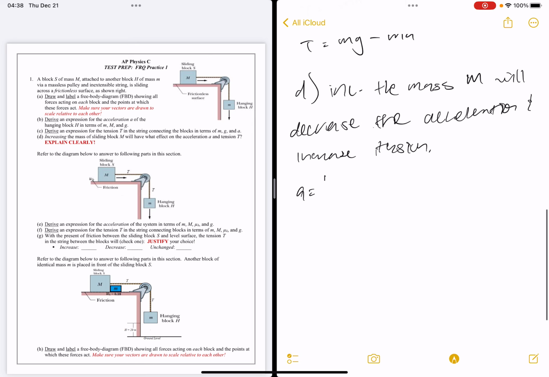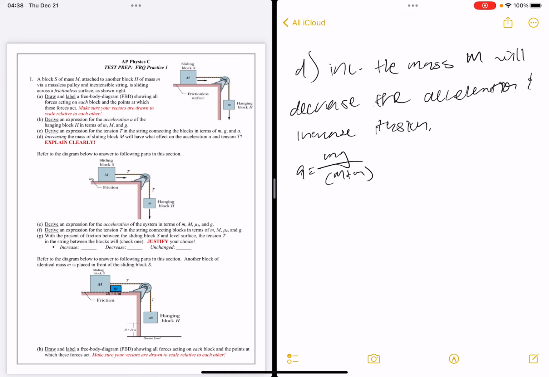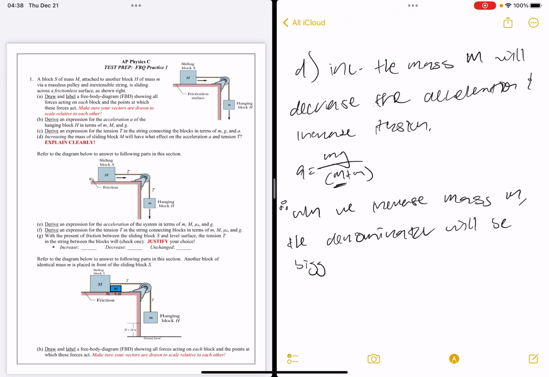So A equals mg over big M plus small m. Using this one, we see that when we increase the big M on the bottom, the denominator will be bigger, which decreases acceleration.